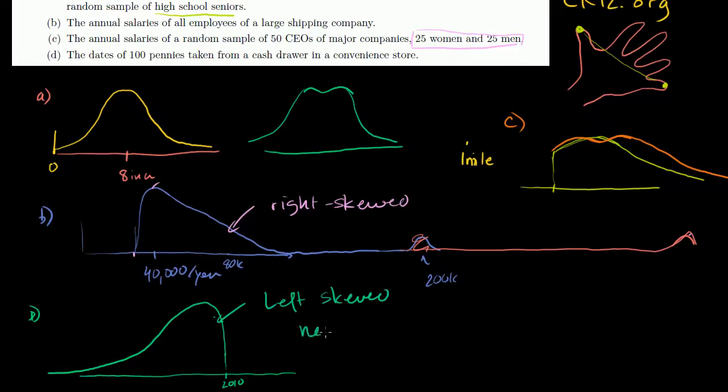Sometimes this is called a negatively skewed distribution. And similarly, this right skewed distribution, sometimes it's called positively skewed. And if you have only one hump, you don't have a multimodal distribution like this. In a left skewed distribution, your mean is going to be to the left of your median. So in this case, maybe your median might be someplace over here.